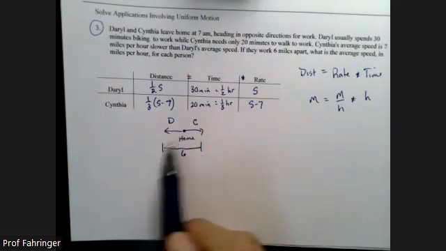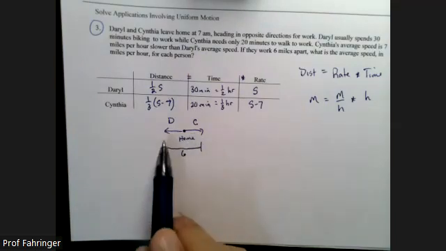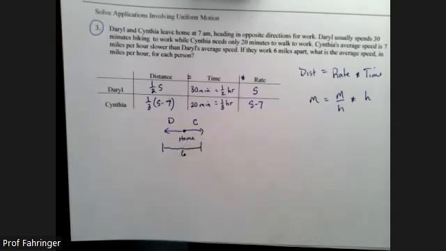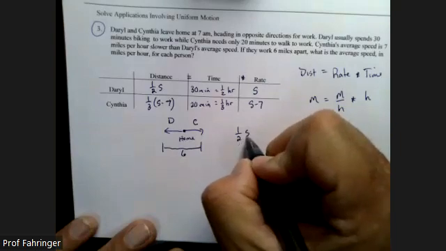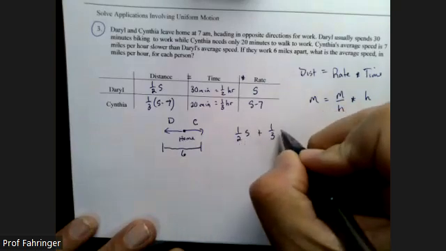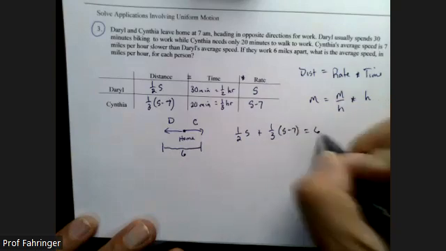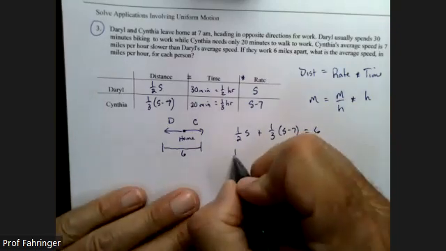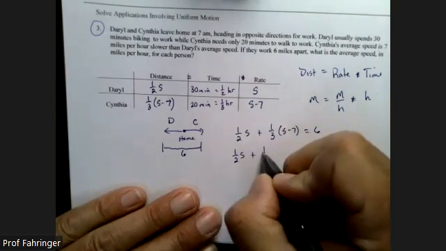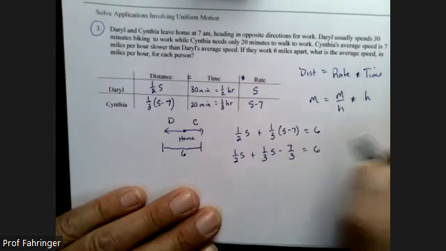He left home and got to his work, she left home and got to her work, and that distance, B plus C, is going to have to equal 6. 1/2 S plus 1/3 S minus 7 has to equal 6. Yeah, 1/2 S plus 1/3 S minus 7/3 equals 6.